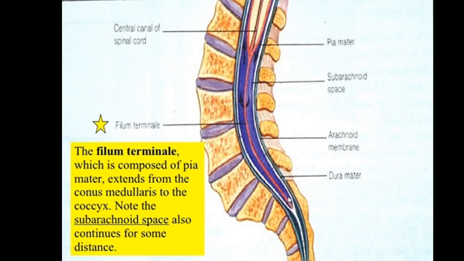Beyond that, there is no subarachnoid space, only the pia mater extends up to the coccyx 1. So the filum terminale, which is composed of pia mater, extends from the conus medullaris to the coccyx. Note that the subarachnoid space also continues for some distance, that is up to the S2 vertebra.